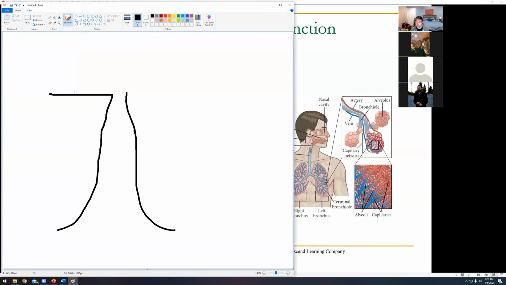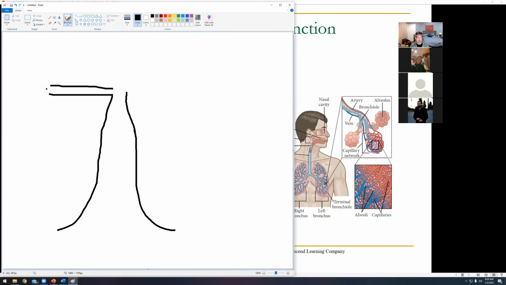So a branch kind of comes out and you draw it up here, and then what do you do to continue making branches? You make it a little smaller, you branch it again, you create a smaller branch over here, and then it gets smaller. Oh, grandma. I did not learn how to keep drawing, but it gets smaller and smaller and smaller, right?